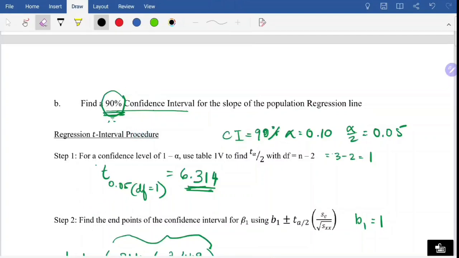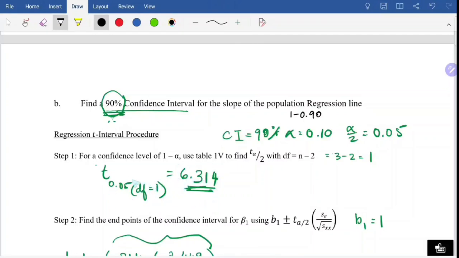So our alpha is going to be 0.10, obtained from 1 minus 0.90. Alpha by 2 is 0.05, because for all confidence interval problems, you have to divide your alpha by 2 because the interval stretches on both sides of the center point of the curve.